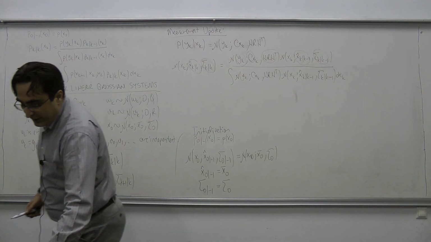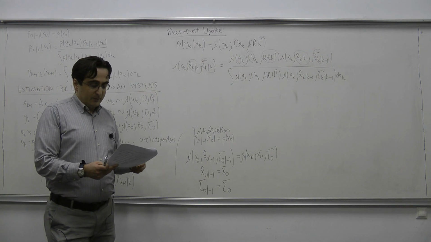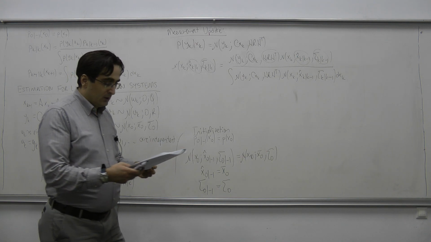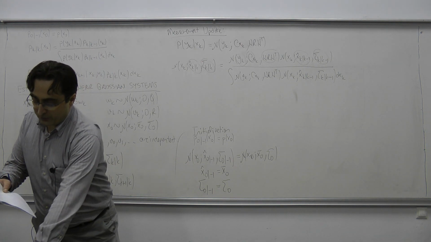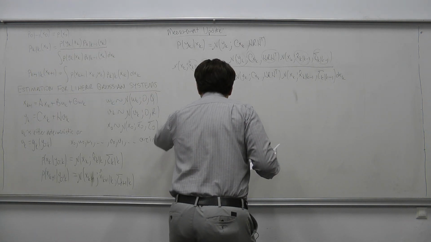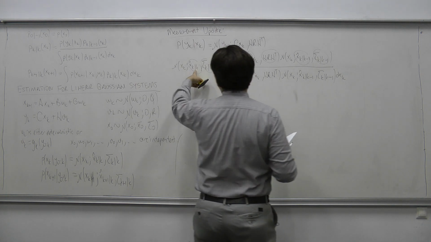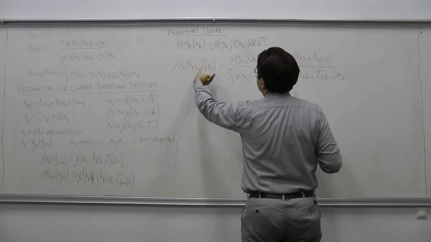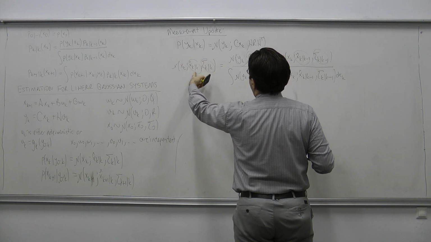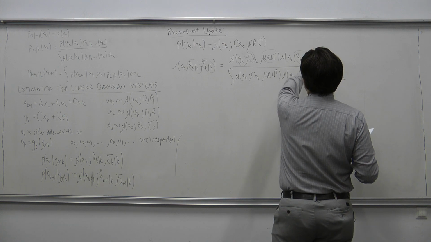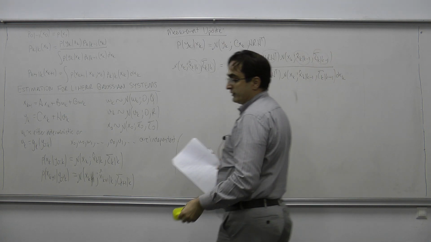Actually, we have been using that approach from the start of the semester continuously. So here is what we are going to do. We are going to use the conditional Gaussian update formulas in order to calculate the update formula for these mean and covariance from these mean and covariance and the measurement quantities.